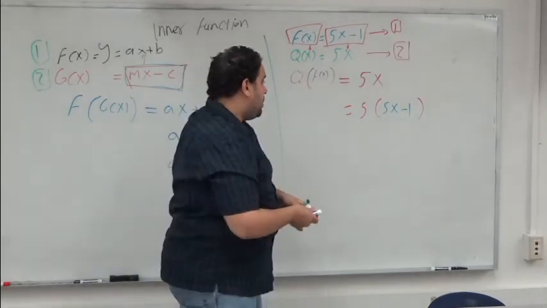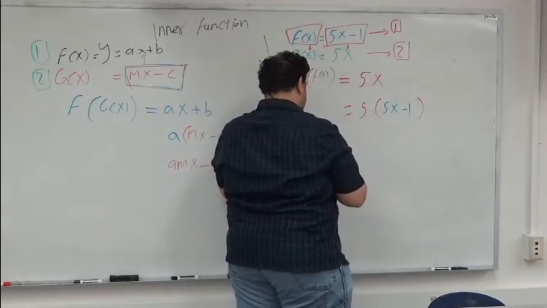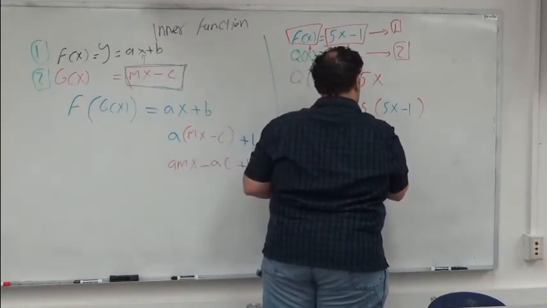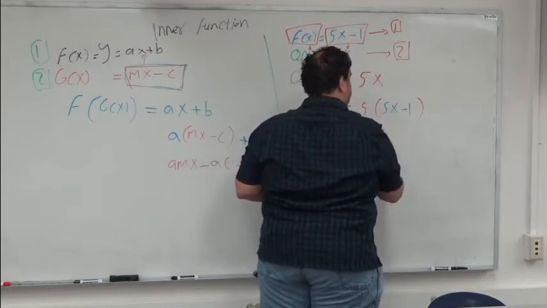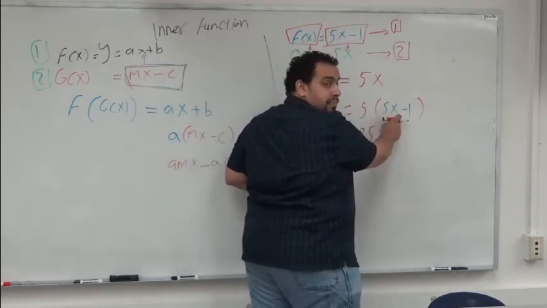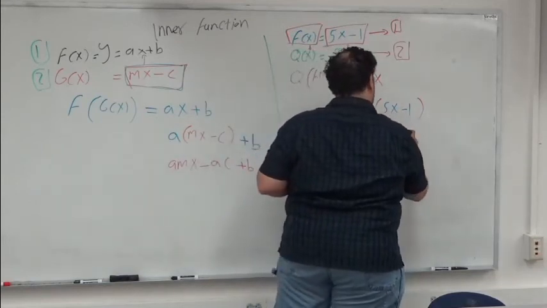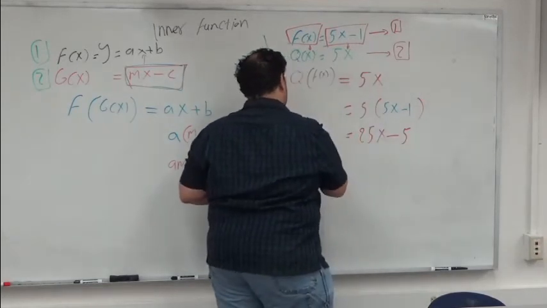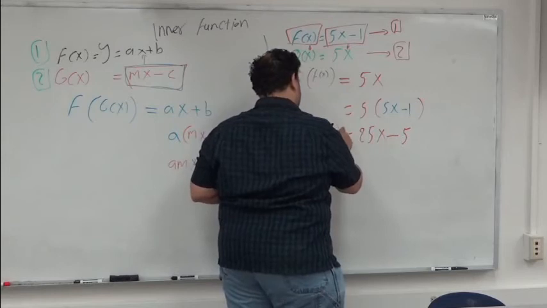And the following step is to simplify. 5 times 5, positive times positive is positive. 5 times 5 is 25. Then there is no other variable, just x, so it becomes 25x. And 5 times negative 1, positive times negative is negative. 5 times 1 is 5. And this becomes q of f of x.